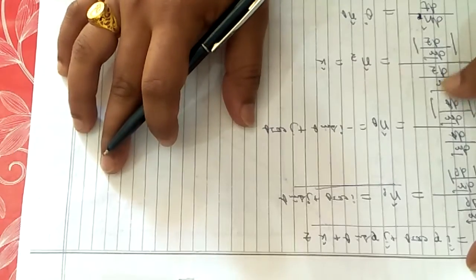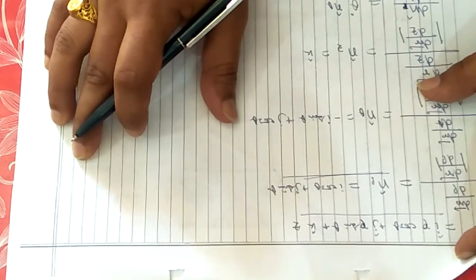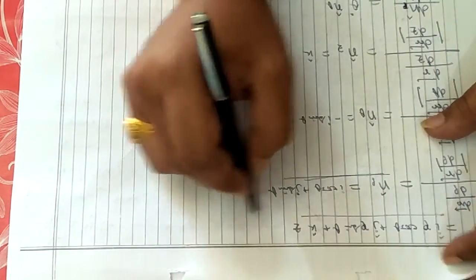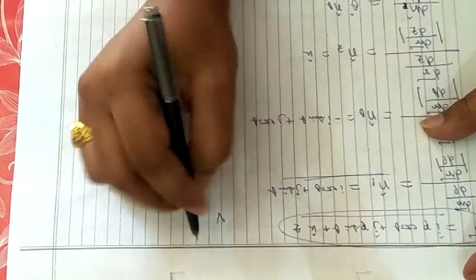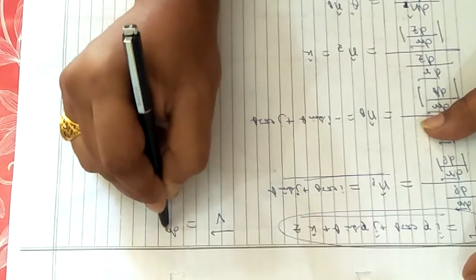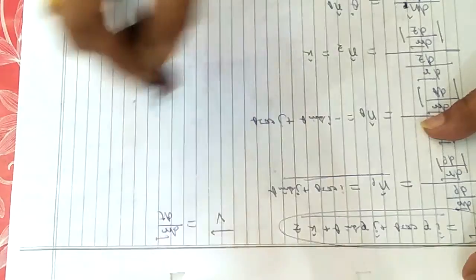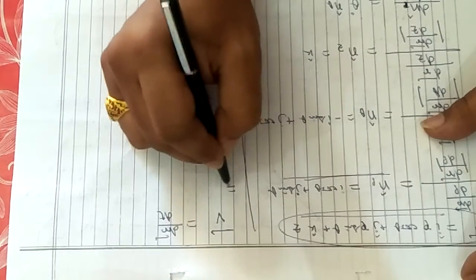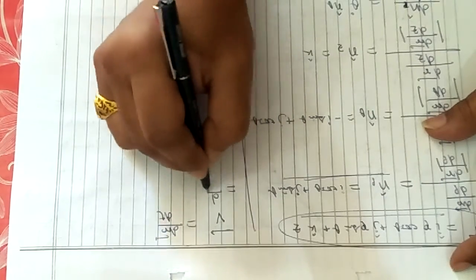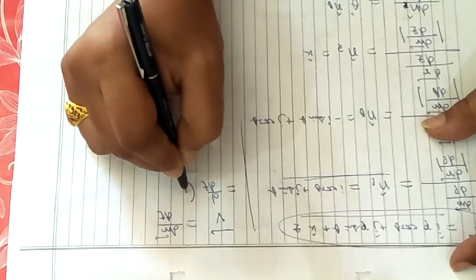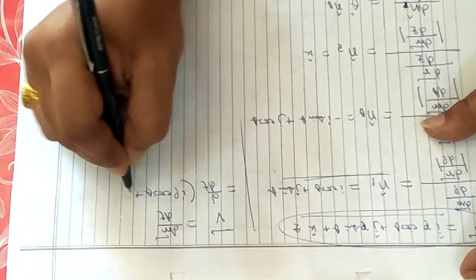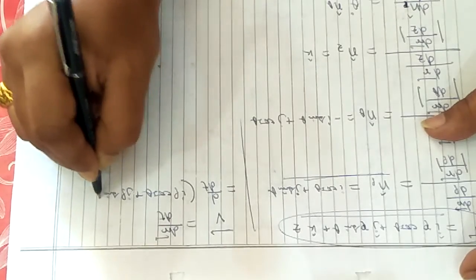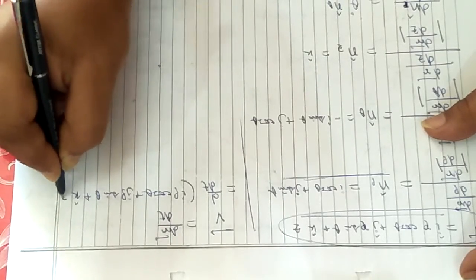Now if you want to calculate the velocity component from this r, v will be equal to dr by dt. Now solve it. It will be d by dt of the whole term, i into rho cos theta plus j into rho sin theta plus k cap into z.